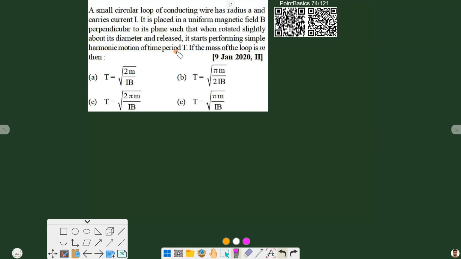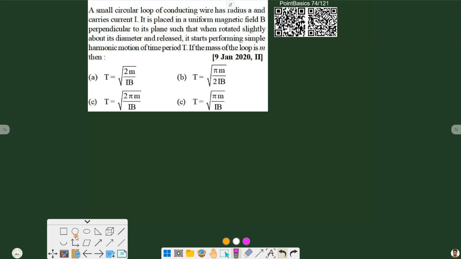So here basically we have a small circular loop which is oscillating along its diameter in the form of simple harmonic motion. And we have a magnetic field that is perpendicular to its plane.